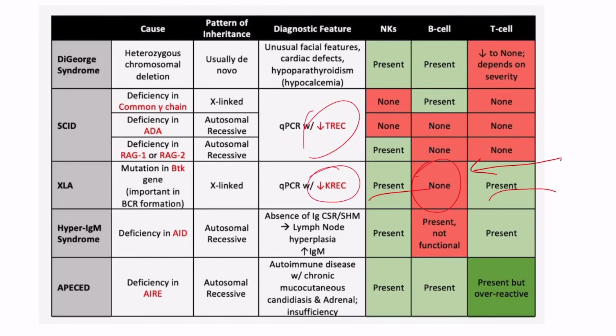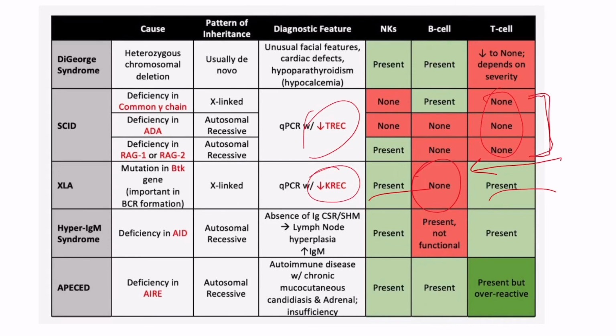And the way I think about it is XLA, which is agammaglobulinemia, is involved in B cell formation, right? SCID can be involved in B cell formation, but really the defining feature of SCID is that you don't have T cells, right? That defines SCID: no T cells. You might have B cells, you might have natural killer cells, but you definitely don't have any T cells.